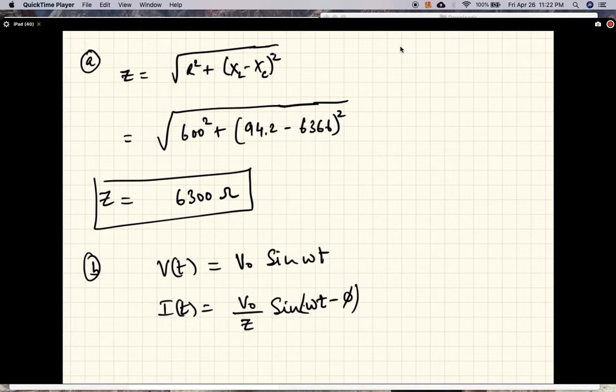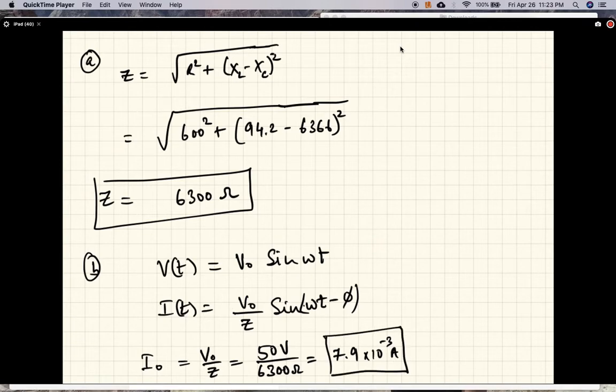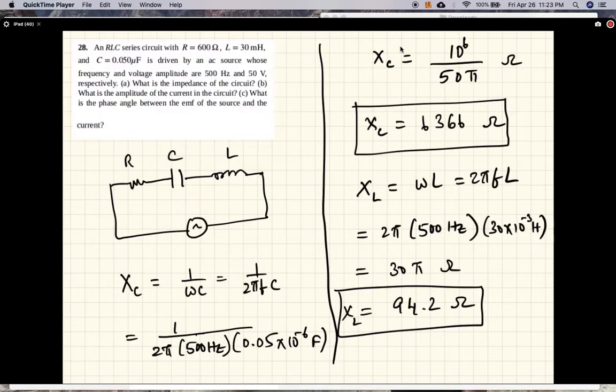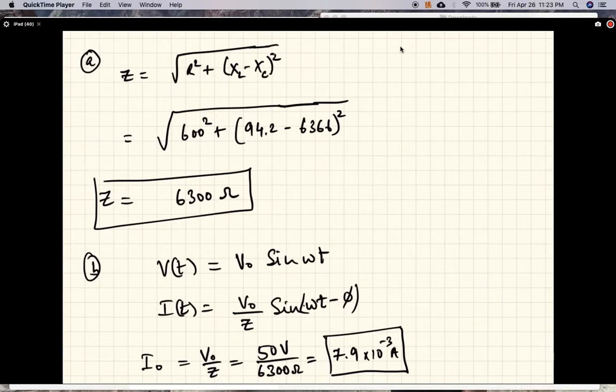Alright, so the amplitude of the current, I0, is V0 over Z, which is 50 volts divided by 6,300 ohms, which is 7.9 milliamps. So that's the amplitude of the current.